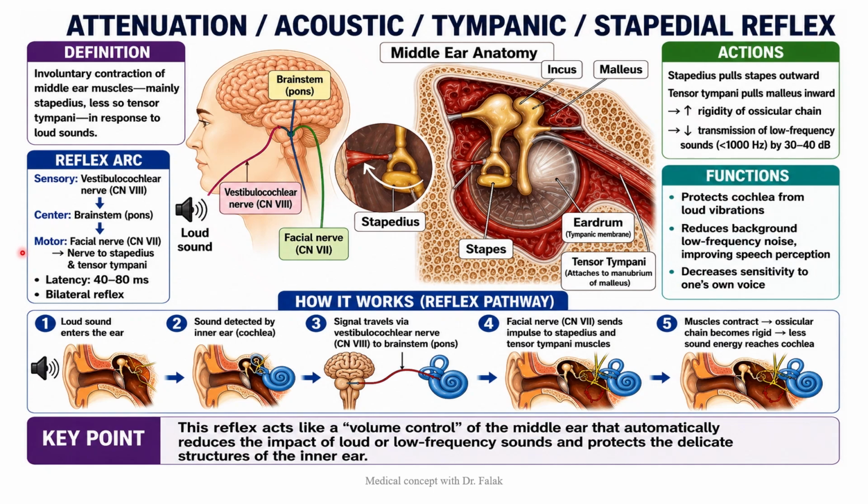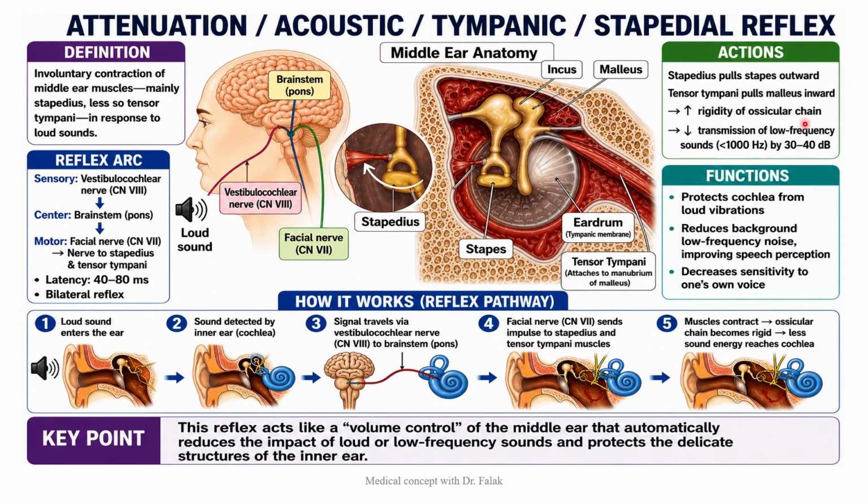From there, the facial nerve carries the signal as the nerve to the stapedius muscle and the tensor tympani, which causes the contraction of these muscles. The latency time is only 40 to 80 milliseconds, and this is a bidirectional or bilateral reflex. It means exposure to loud sounds in one ear can cause bilateral contraction, or a bilateral attenuation reflex.